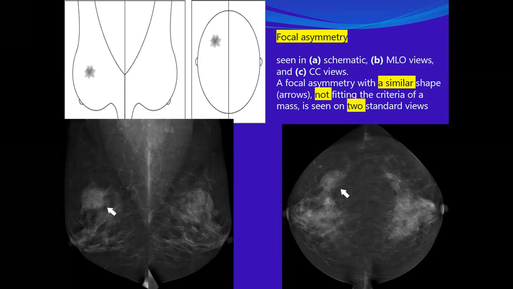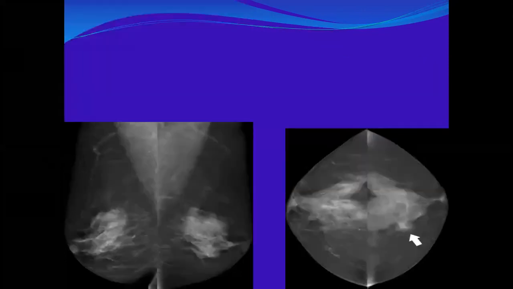But the one more closely resembling a mass is a focal asymmetry. Sometimes it is challenging to differentiate the two, and then we go toward focal asymmetry until proven that it is a mass.